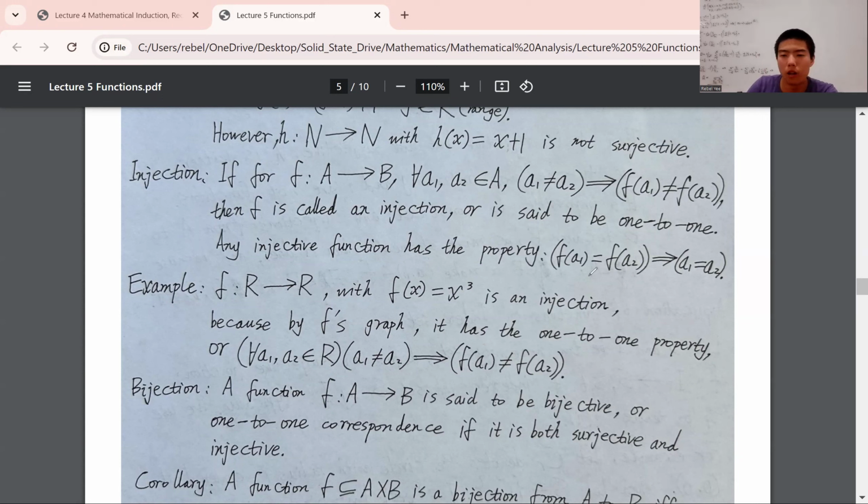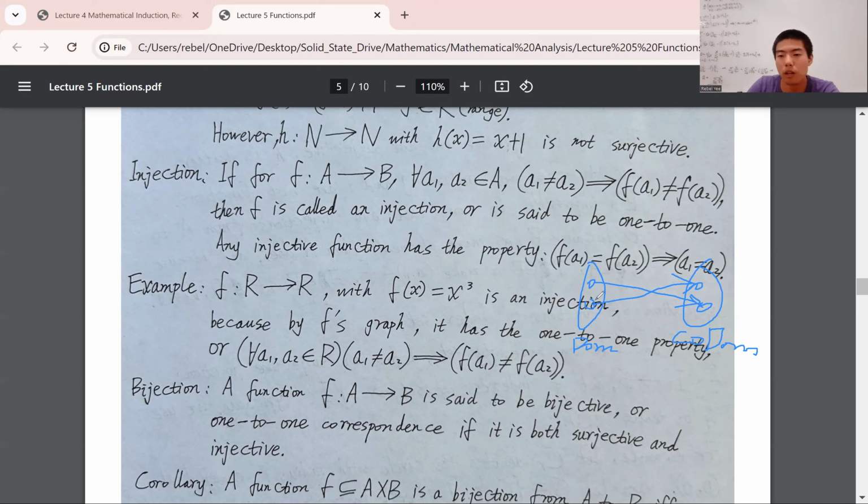So we can draw a picture like that. There are two elements here. This is the domain, and this may be the codomain. So if it goes like that, this goes to this one, this goes to this one, then this is an injection because all of the elements here have only one linkage.